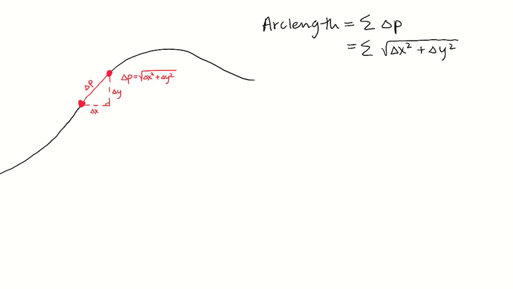This is where you have to know to multiply by a clever form of 1. I'm going to multiply by delta x over delta x. But then, what am I going to do with this delta x in the denominator?